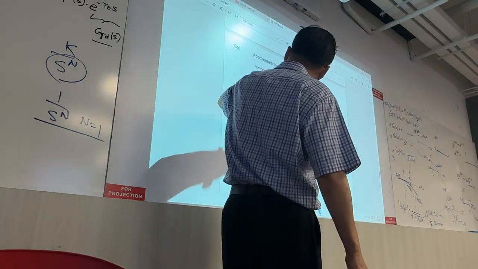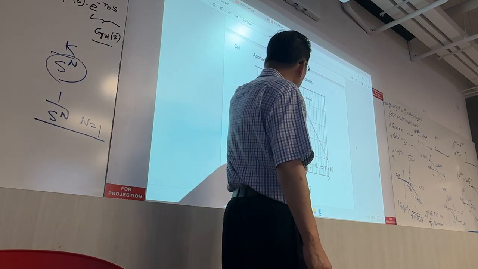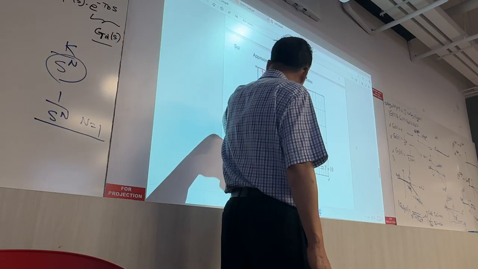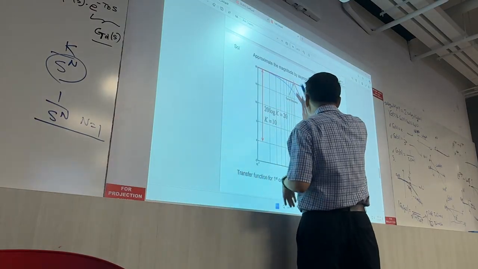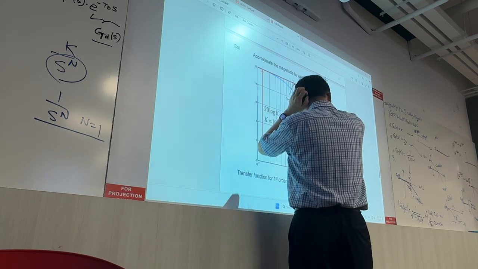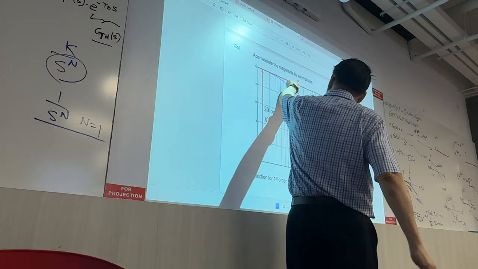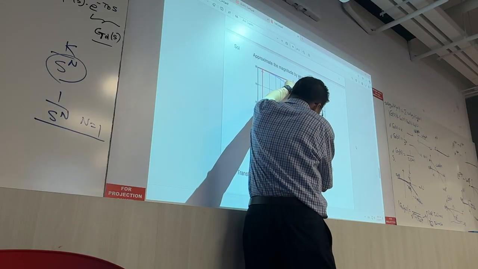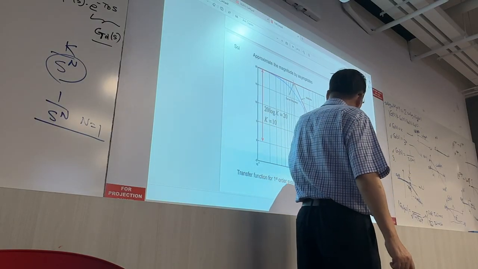We read this K, there is a 20 decibel, so we can find K to be 10. On the right, we fit in the straight line of slope minus 20 dB per decade. We find the intersection here. That means this is the corner frequency. The corner frequency is at 0.1. That means 1 over T is 0.1, or T is 10.